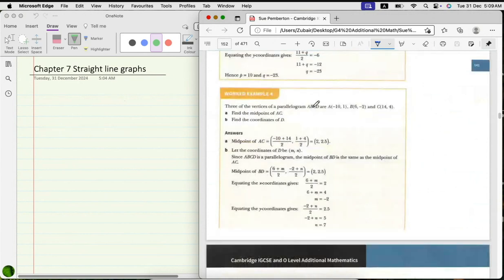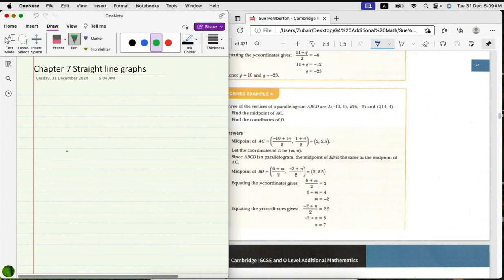The three vertices of a parallelogram are already given. Find the midpoint of AC. Now, this is what differentiates it slightly from general math. We need to know the exact geometry of the shape. So it says it's a parallelogram.